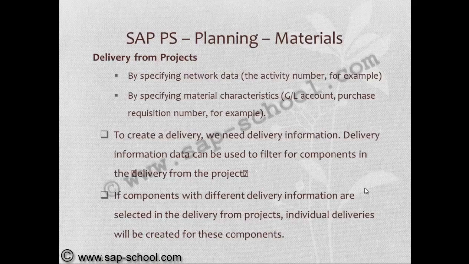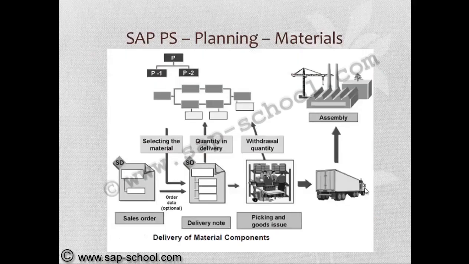To create a delivery, we need delivery information. Delivery information data can be used to filter for components in the delivery from the project. If components with different delivery information are selected in the delivery from the projects, individual deliveries will be created for these components.